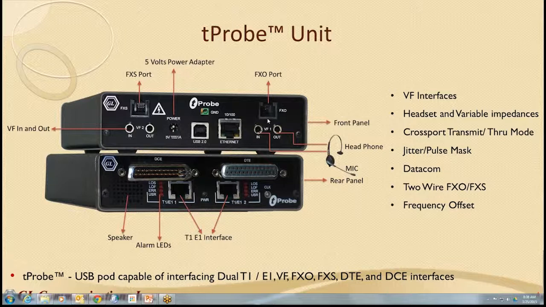Using this FXO port, you can monitor analog data, a fax call, or a voice call on a two-wire line. And we also have this FXS port, which emulates a network port, FXS service such as a telephone wall jack, monitor aux, send ring signal, provide dial tone, all those things. Using the MAPS application, we can simulate a two-wire telephone port and telephone wall jack. Using the FXO port, we can simulate a phone, and using the FXS port, we can simulate a wall jack.